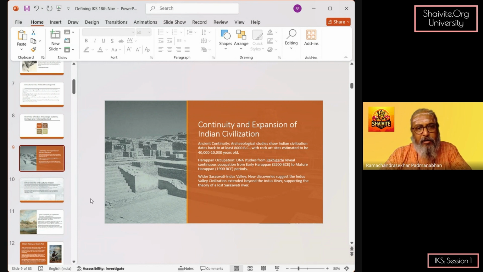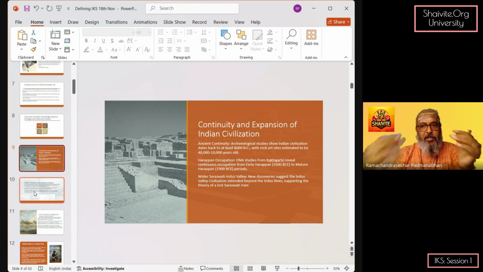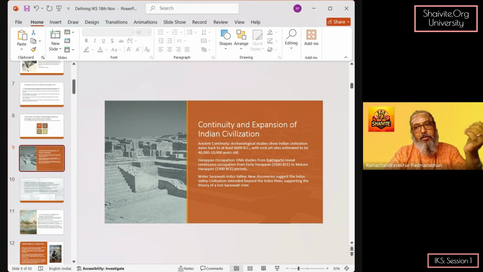So the whole idea of the Aryan invasion theory, which is already debunked, then turned to the Aryan migration theory. So now it's our turn to propose the out of India theory. Civilizationally, we can at least trace archaeological evidences that go back to 5000 plus before the Common Era.